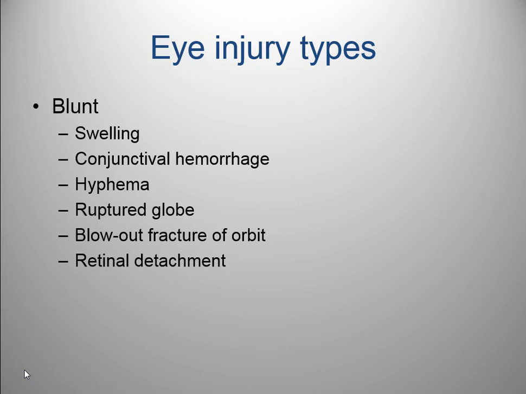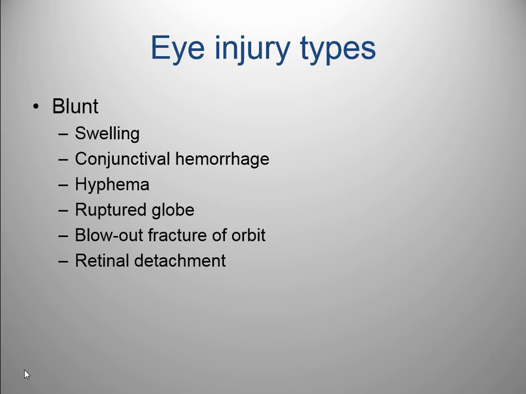If you have a blunt injury to the eye, there's going to be swelling, hemorrhage, bleeding in the eye, a ruptured globe. You could have a blowout fracture of the orbit, or you could have a retinal detachment. The symptoms of a retinal detachment are usually a sensation of little black dots or a veil or a screen.